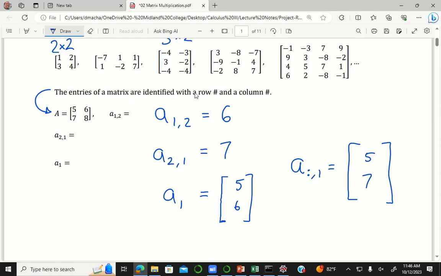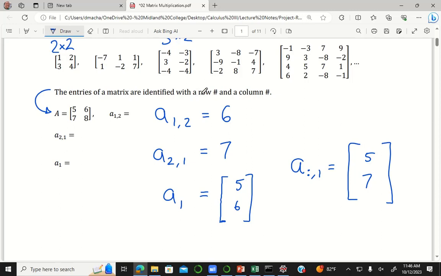But what the colon is telling you is, whenever you say the colon for the row index, it's saying all of the rows, comma, first column.